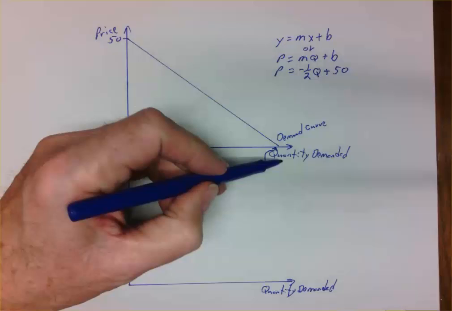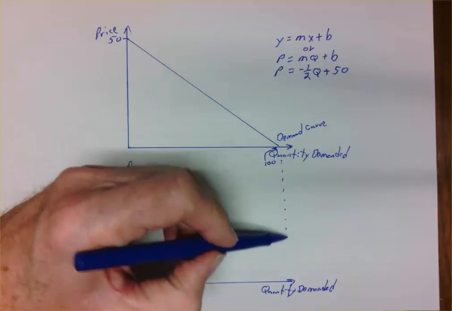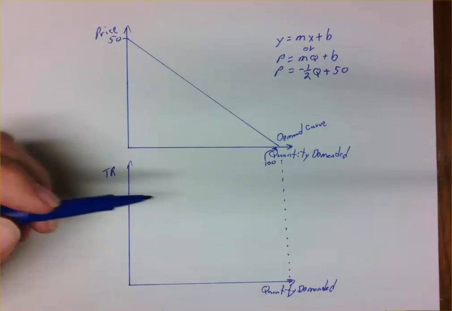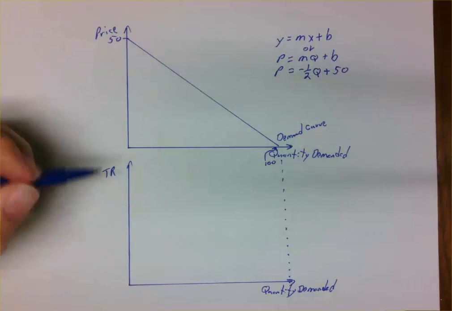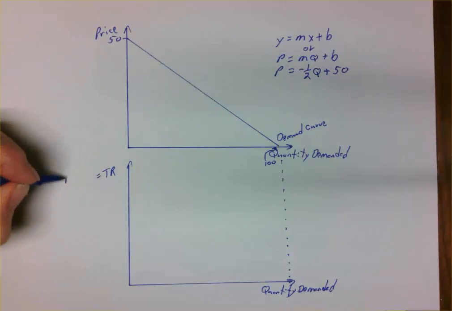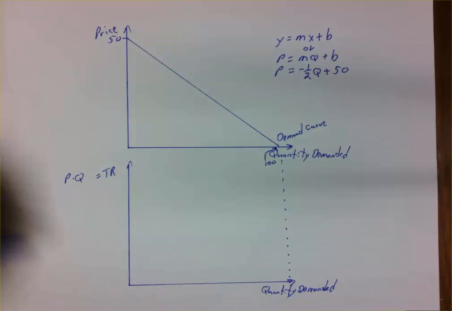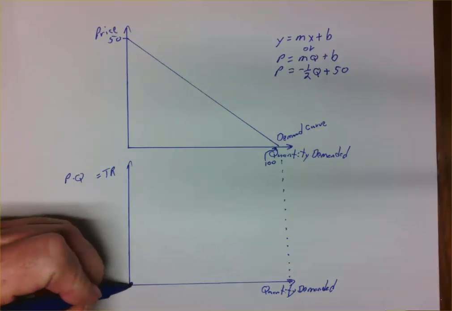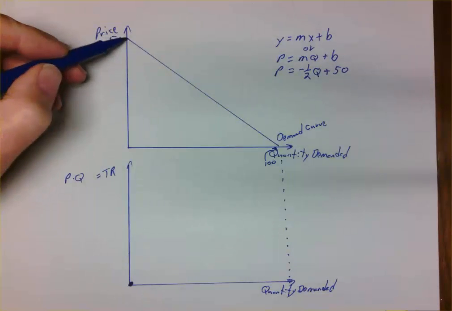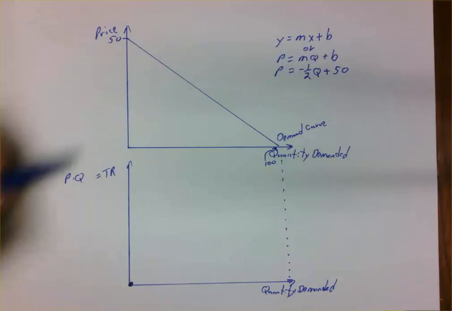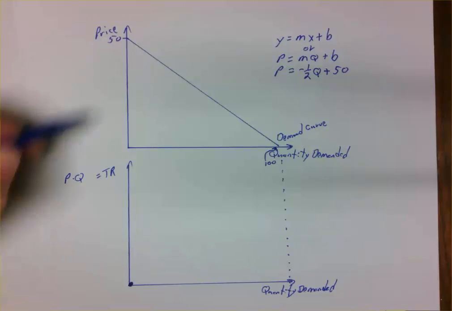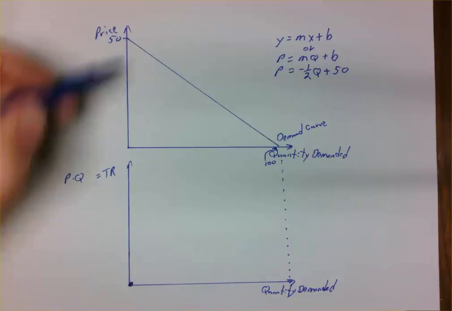Now you might remember, and I will show you in a minute in Excel, that the total revenue curve, which is defined to be P times Q, total revenue is P times Q, will start here because when we're way up here at this very high price is 50, so this number is 50, but Q is 0, so P times Q is 0.